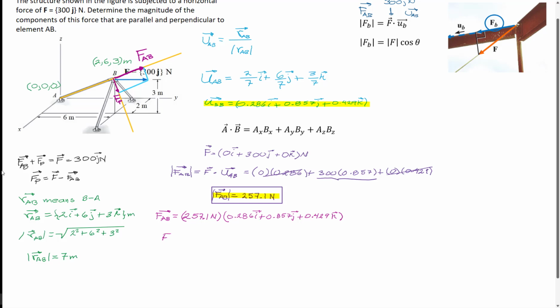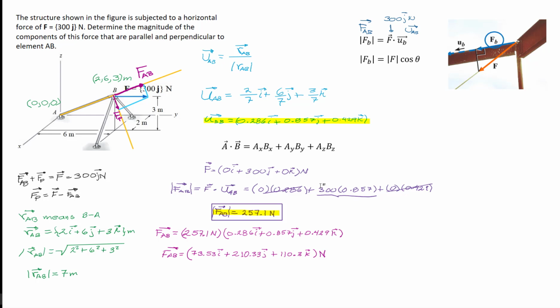So my Cartesian vector FAB is equal to 73.53 i plus 210.33 j plus 10.3 k newtons.